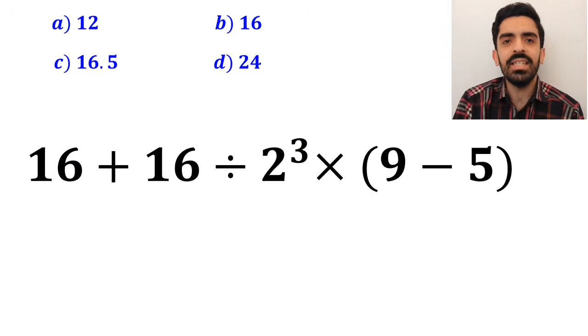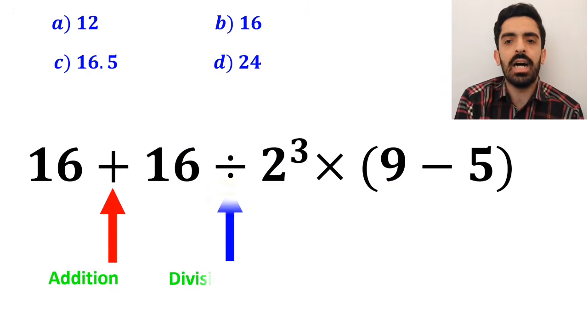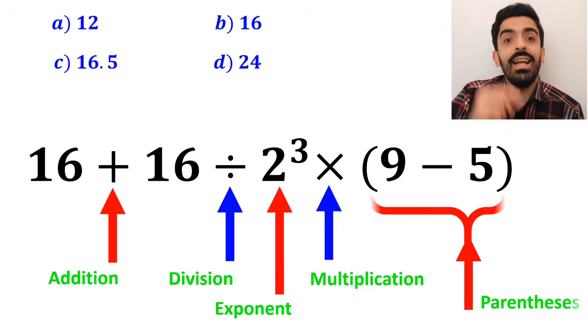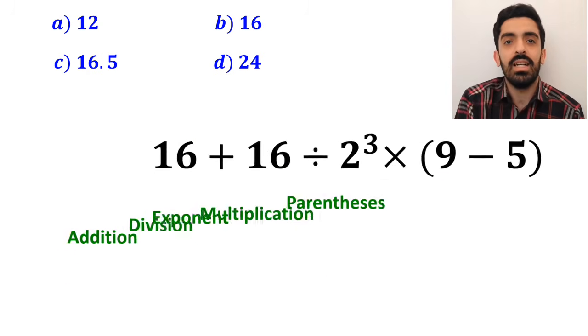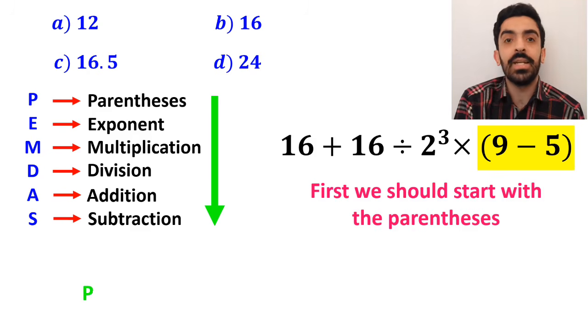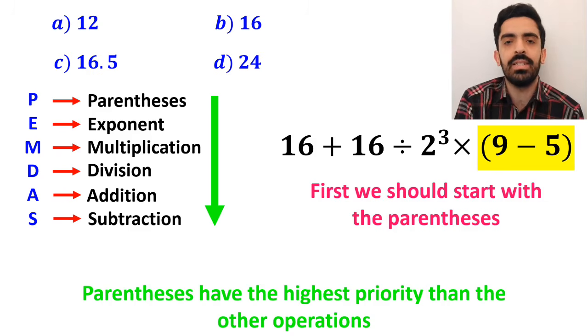Alright, as you can see on the screen, in this expression, first we have an addition sign, then a division sign, after that we have an exponent, then a multiplication, and finally parentheses. According to the PEMDAS rule, first we should start with the parentheses, because parentheses have the highest priority over the other operations.